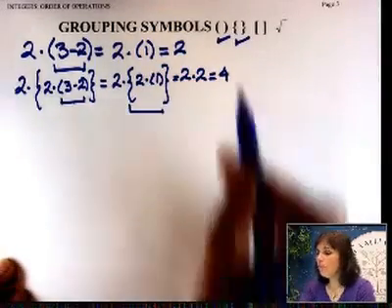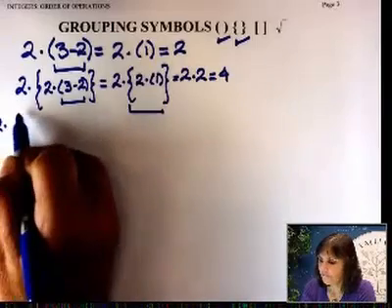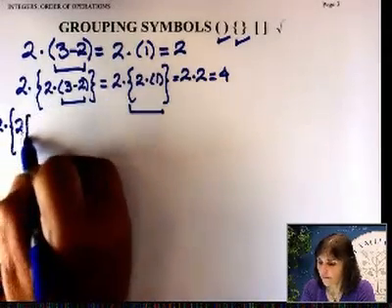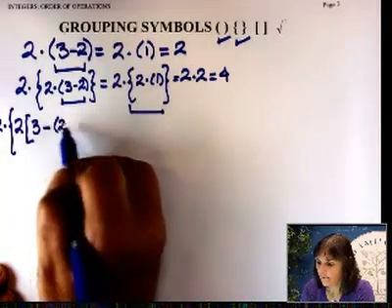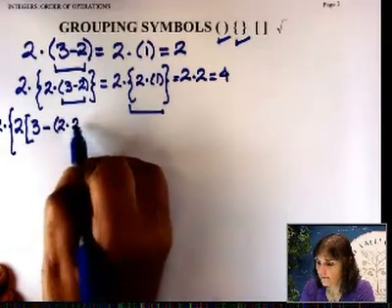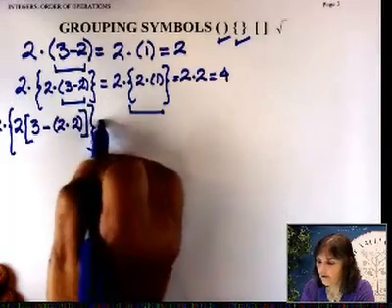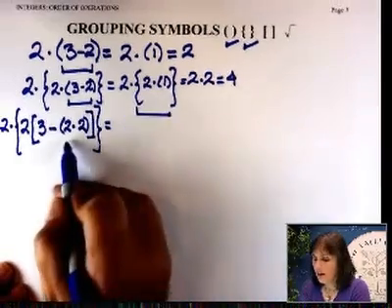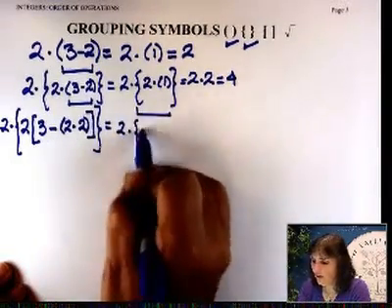Sometimes you will see a triple one. Just triple up all these guys. Let's say something like that. All right. How do you do that? From inside out. 2 times 2 is 4. I'll write everything else the way they were.